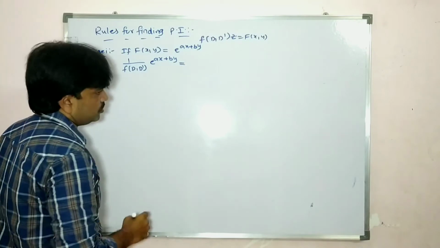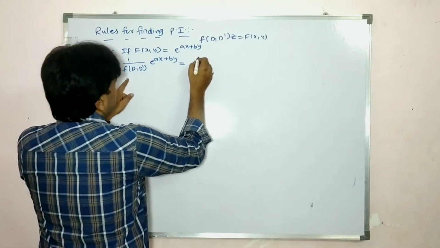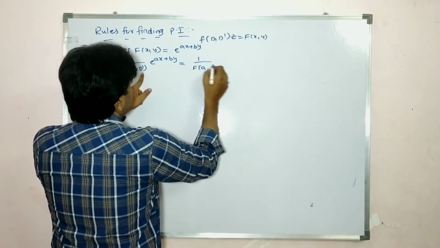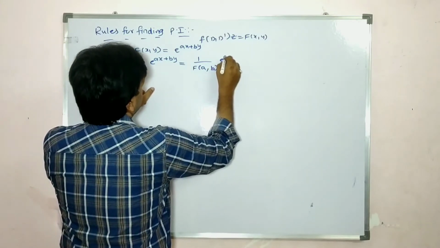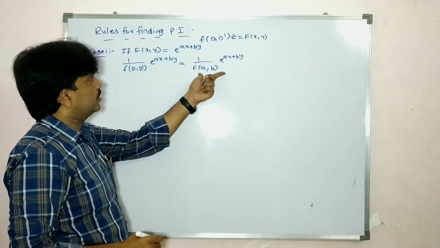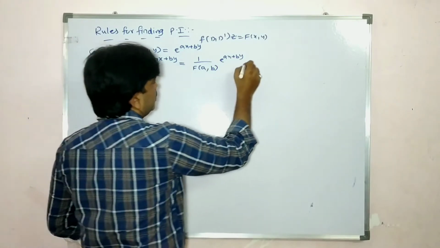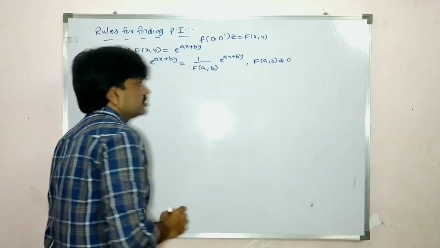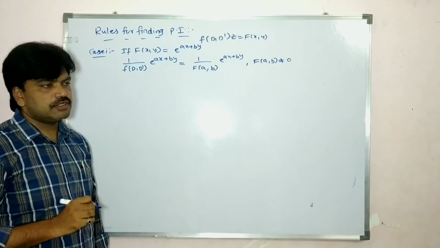Replace D by a and D dash by b, we get 1 over F of a comma b into e power ax plus by. This is the particular integral, provided F of a comma b is not equal to 0.